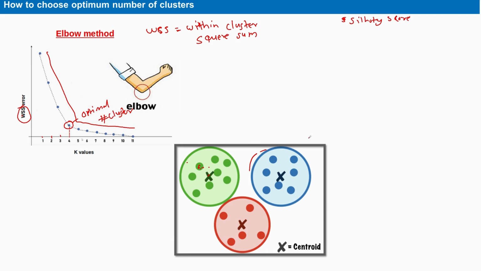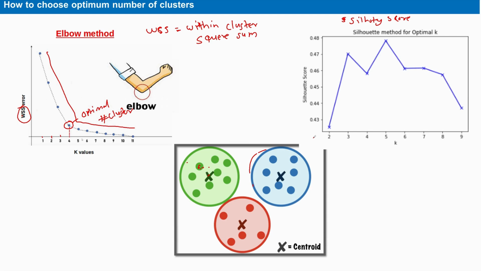With respect to that, again we need to choose a range of k, for example 1 to 10 or 1 to 20, and find the Silhouette score for each of the k clusters.